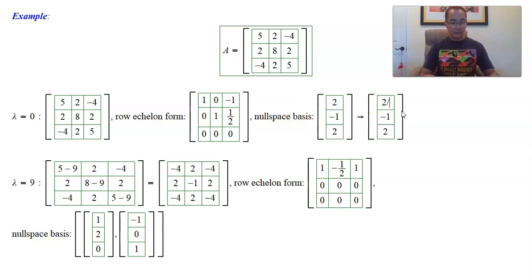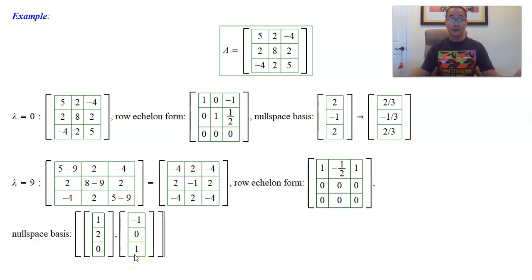We can turn that into a unit vector, 2/3, minus 1/3, 2/3. Now, these are not unit vectors, but there's a more serious issue. These two vectors are not orthogonal to each other. Look at that. -1 plus 0 plus 0.